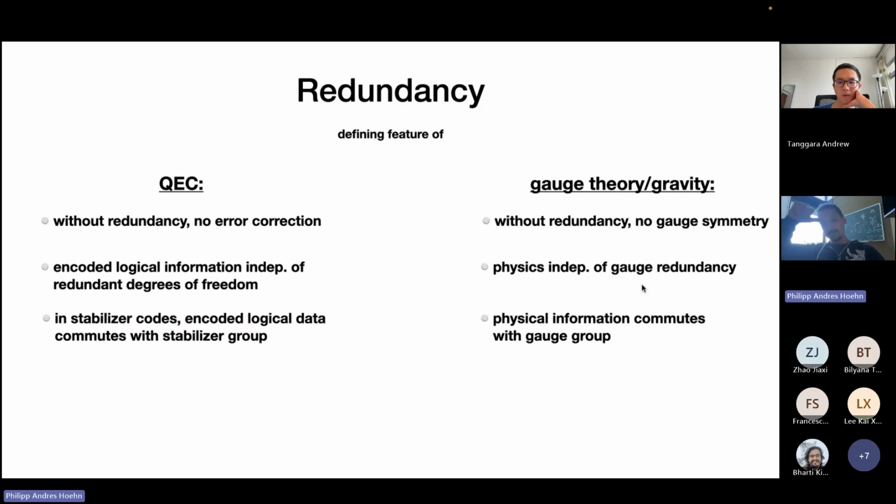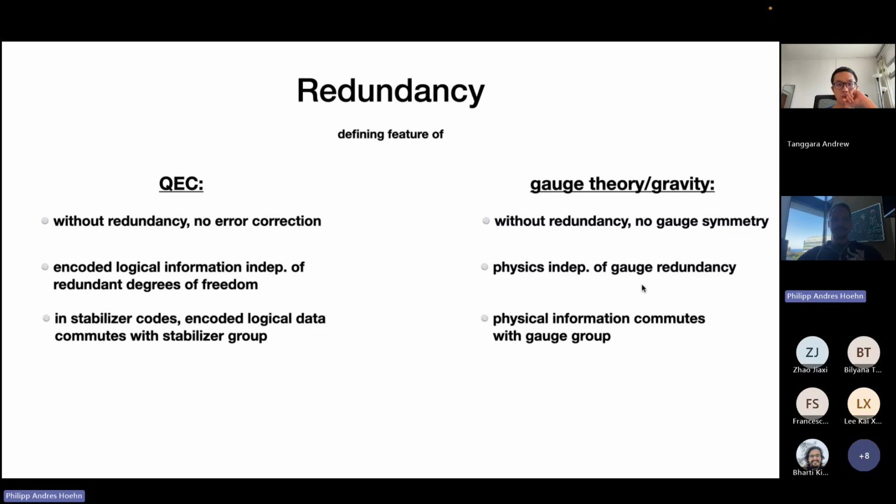In gauge theories, it's also clear that by definition, in the presence of gauge symmetries, you have redundancy. Without redundancy, you cannot have any gauge symmetry. On the error correction side, the encoded logical information should be independent of the precise states of the redundant degrees of freedom, similarly to how in gauge theories the physical, gauge-invariant information is supposed to be invariant under whatever state the redundant degrees of freedom are in.